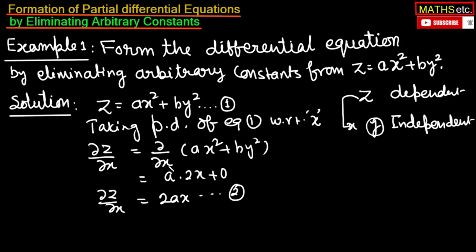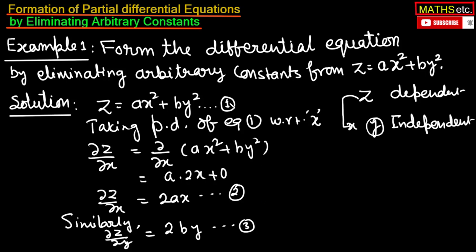Similarly, if we take partial derivative with respect to y, this term will become 0, and from here we will get 2by. So seeing the pattern, we will get del z over del y equals 2by, right? And this is our equation number 3.